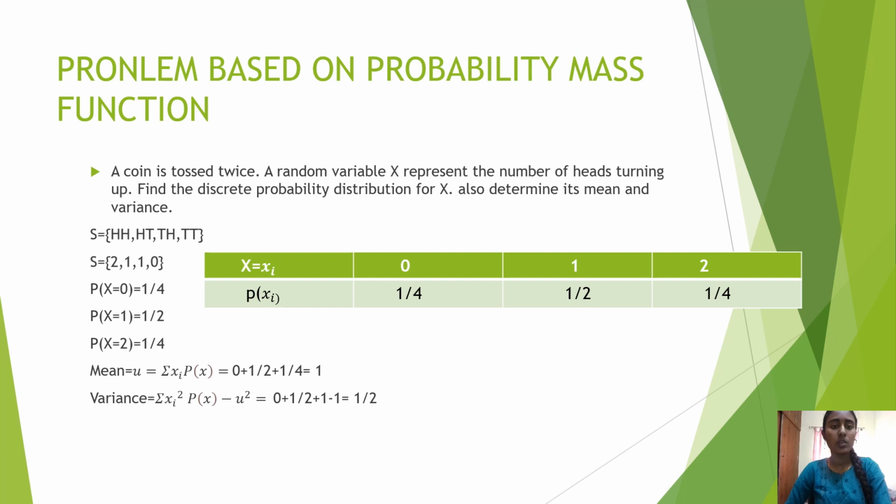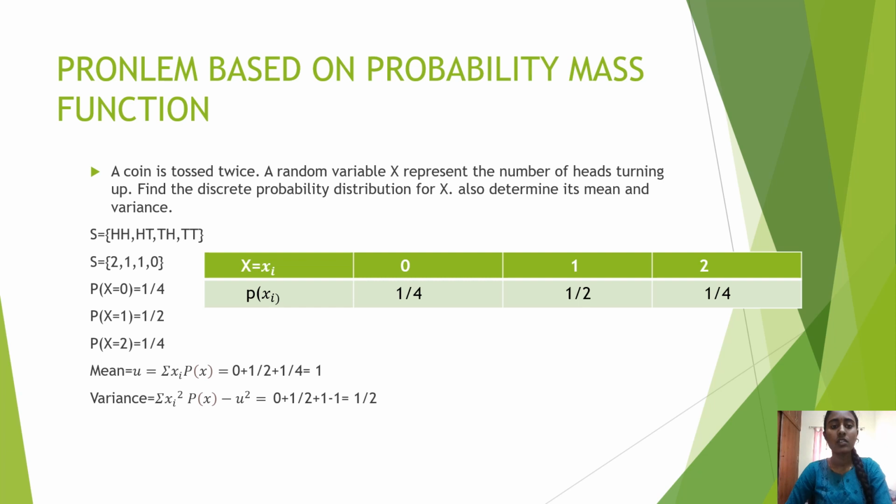Here you can observe a problem based on the probability mass function. The question goes like this: a coin is tossed twice and a random variable x represents the number of heads turning up. Find the discrete probability distribution for x and also determine its mean and variance.